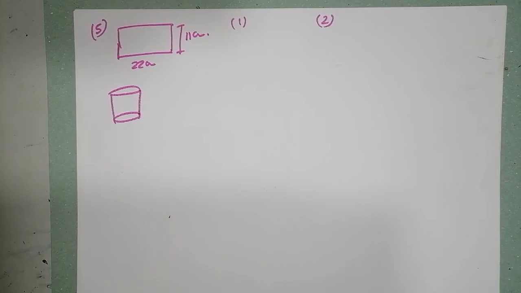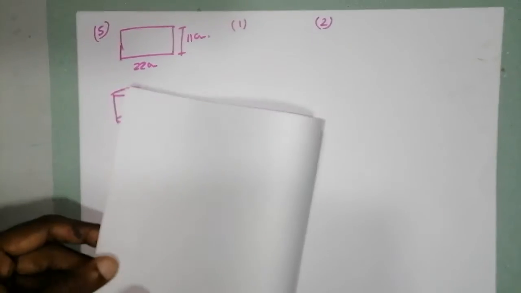Recall the basic idea: how do we derive the surface area of a cylinder? You have to recall it. Think this is the rectangular sheet, and I'll fold it.